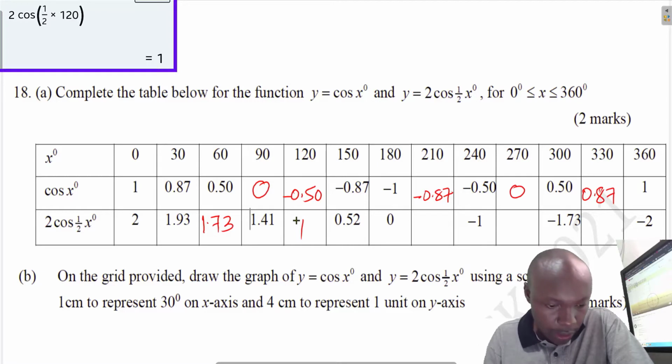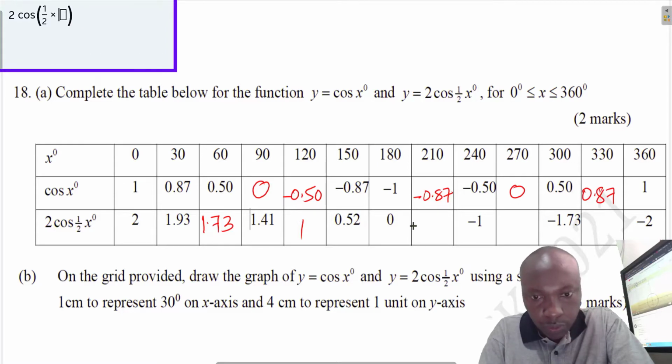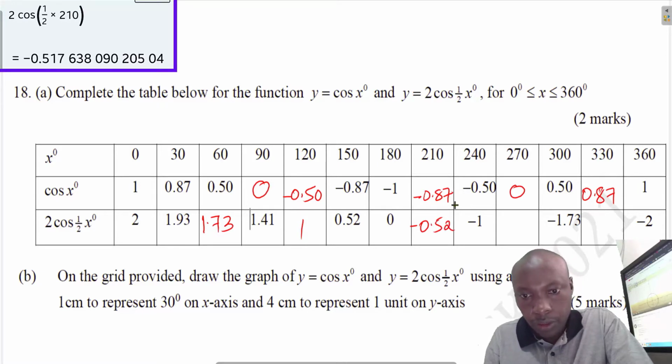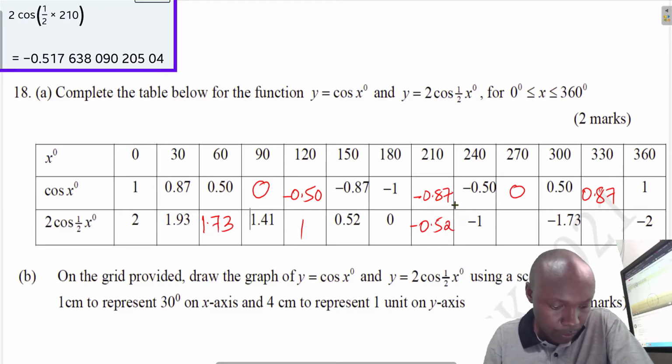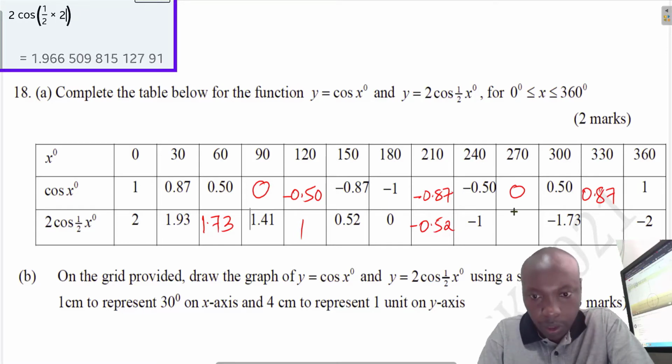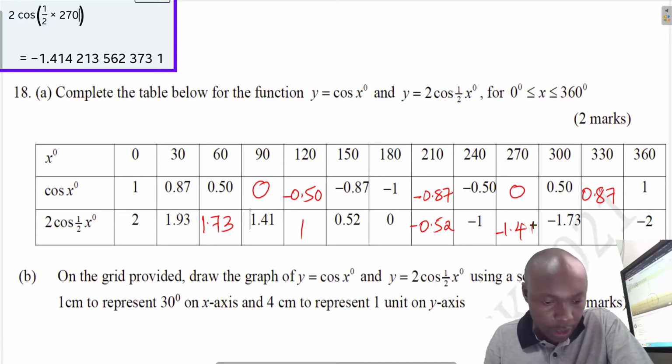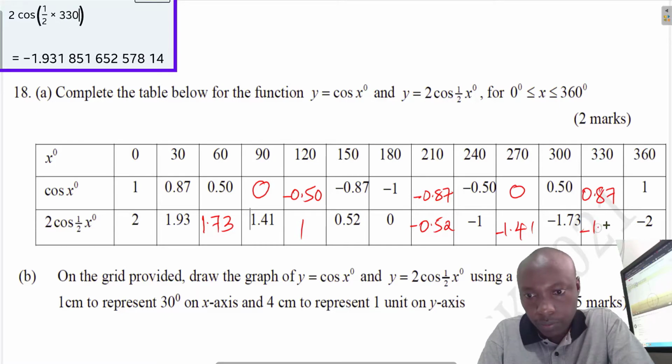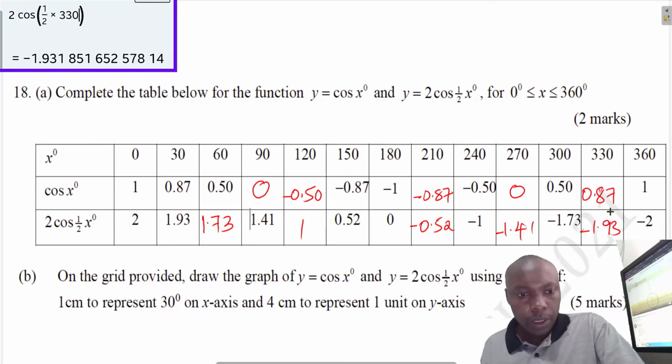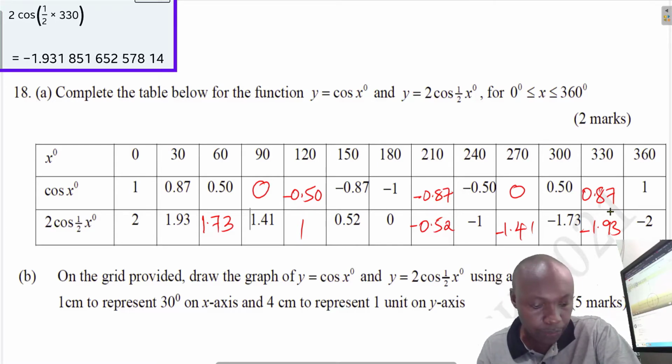When x is 210, that will give negative 0.52. When it is 270, negative 1.41. And when it is 330, negative 1.93. And that is how you're supposed to fill that table.